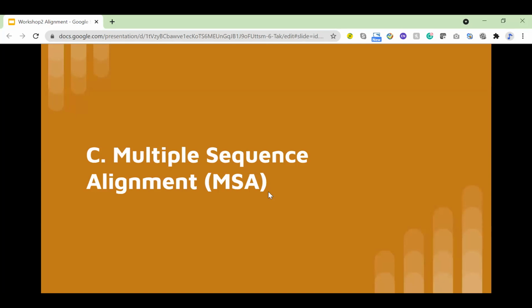Pairwise alignment is one sequence to another sequence, right? But what if you have 100, 1,000 or millions of sequences at the same time? You want to see how well they align together, all at once. This is called multiple sequence alignment, MSA.